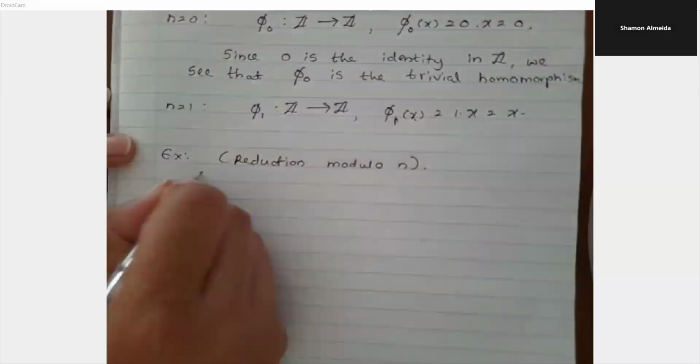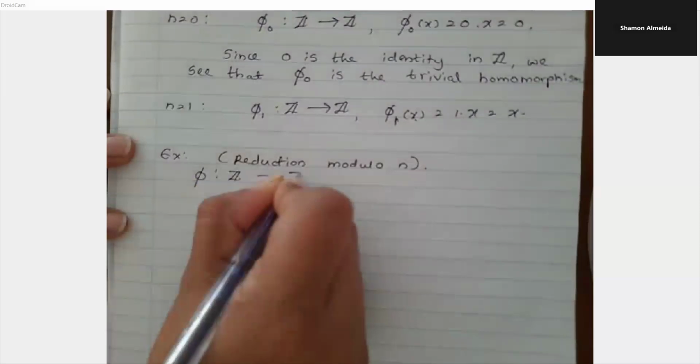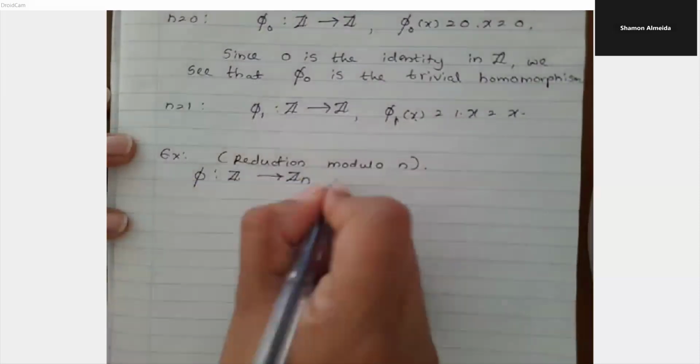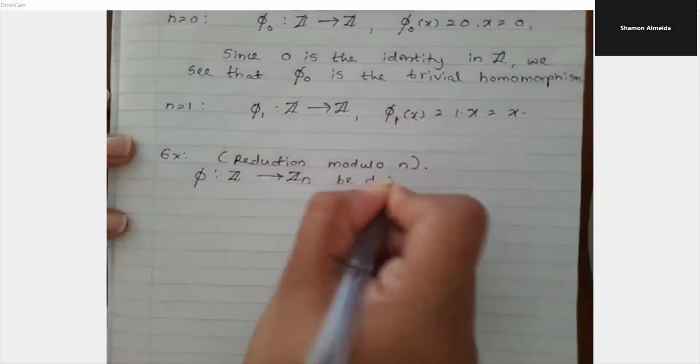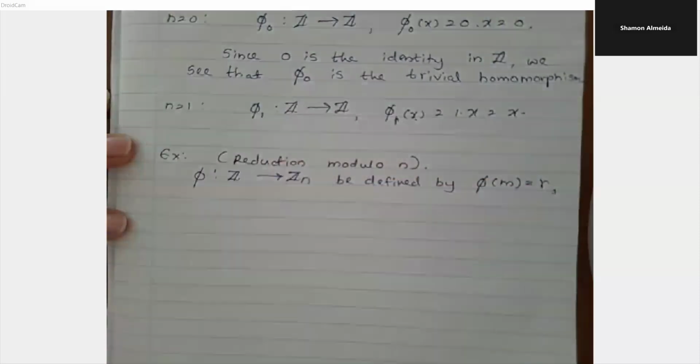So let's define phi from Z to Zn by phi of m equals R. What do we mean by R? R will be the remainder given by the division algorithm when we divide m by this n, right?